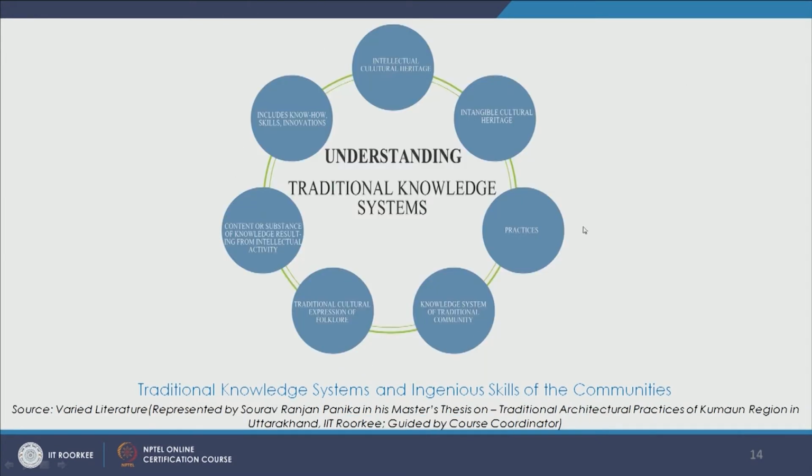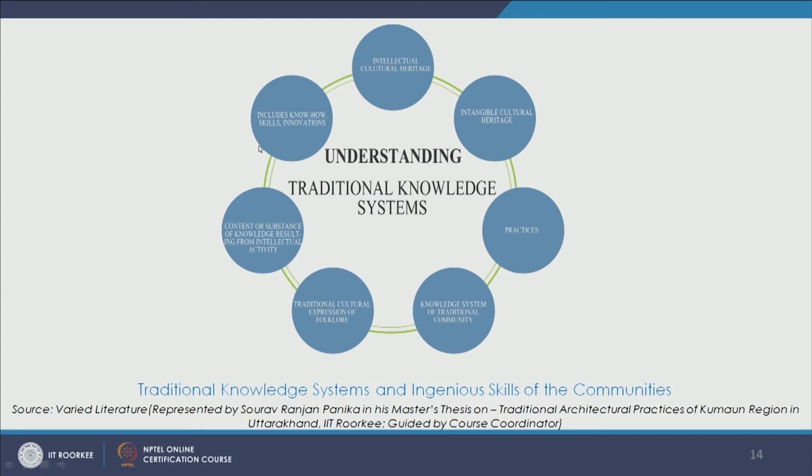We also discussed during this module how traditional knowledge systems could be situated within different realms. So it could be talked about while we are discussing intangible cultural heritage, whether it's intellectual cultural heritage, different kinds of practices, knowledge system of traditional community, traditional cultural expression of folklore, content or substance of knowledge resulting from intellectual activity.